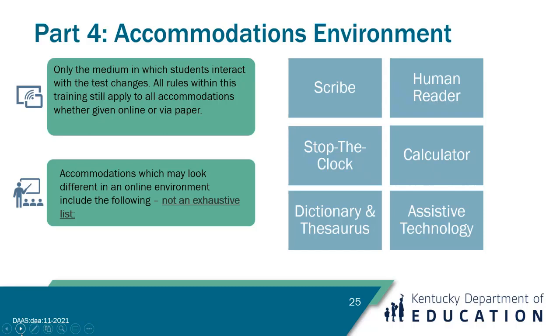For instance, one test may be an online test and a calculator accommodation is provided online. Another test may be an online test as well, but calculators may be offered via handheld calculator. Each test can have different accommodations, but all accommodations provided on any test must adhere to the regulations covered in this training.